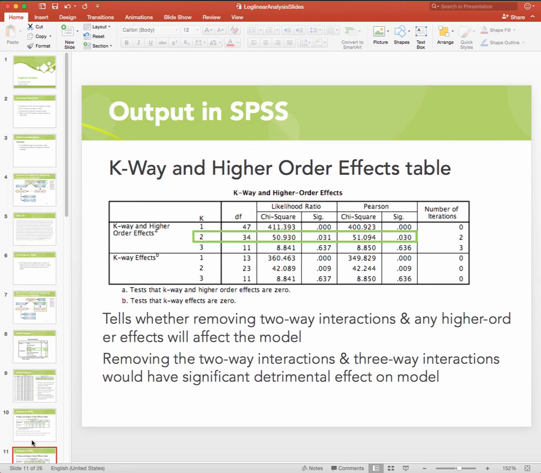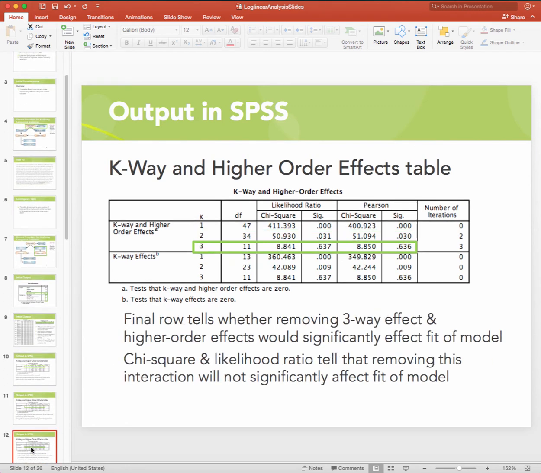Our final row is testing whether removing the 3-way effect and higher order effects will significantly affect the fit of the model. Our 3-way interaction is of course the highest order effect that we have. So this is simply testing whether removal of the 3-way interaction, which is our star sign times believer times true, will significantly affect the fit of the model.